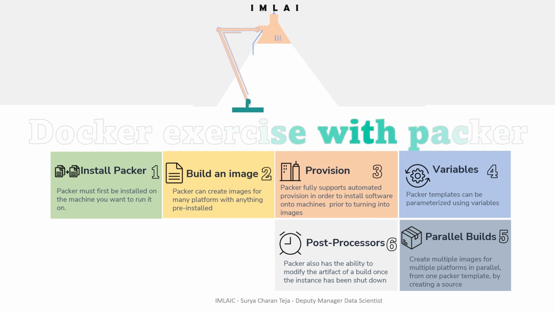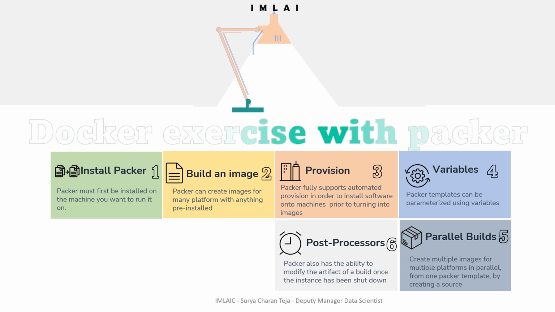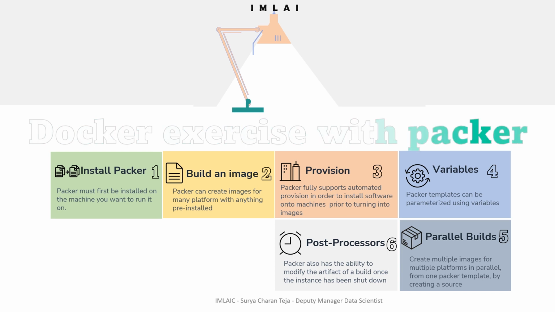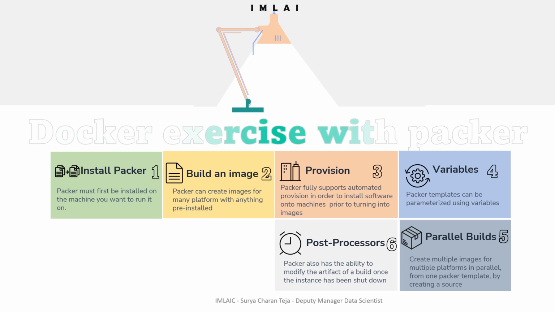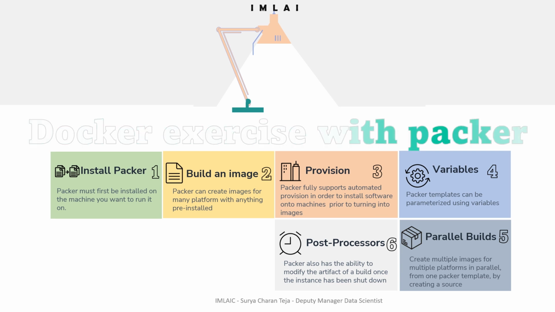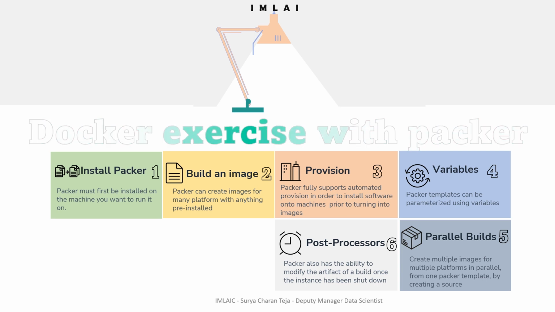So parallel build is a very useful and important feature of Packer. For example, Packer can build an Amazon AMI and a VMware virtual machine in parallel provisioned with the same scripts, resulting in near identical images. The AMI can be used for production. The VMware machine can be used for development.